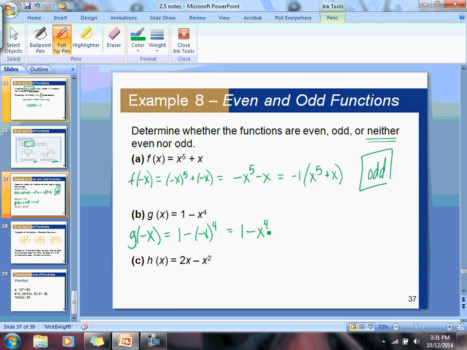And that is actually the same as my original function, because when I take a negative x to the fourth power, I end up getting just a positive value. So since I have the exact same thing back again, that's like plugging in a negative: f of negative x is equal to f of x. So that's going to be even.